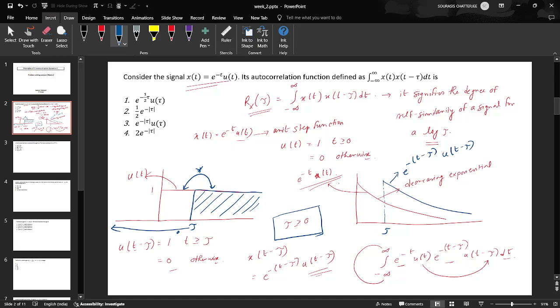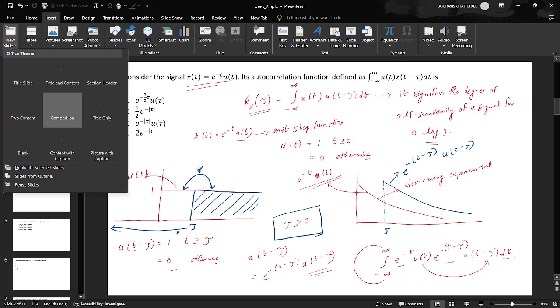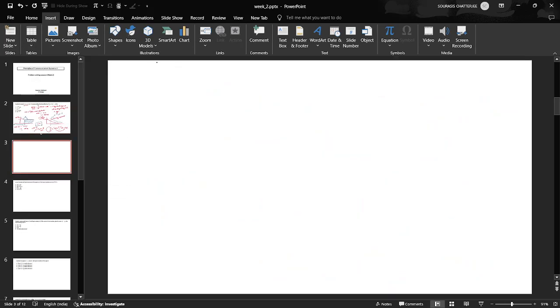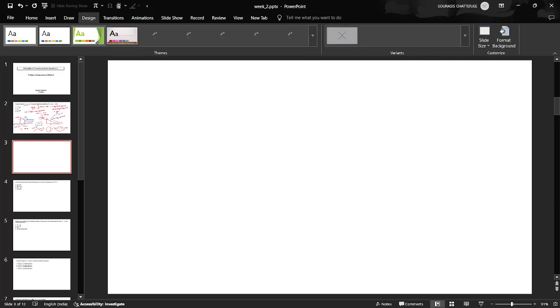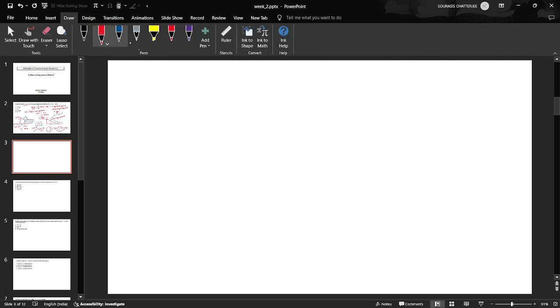So let me introduce a slide here. So we have this integral, minus infinity to infinity, e to the power minus t u(t) e to the power minus (t minus tau) u(t minus tau) dt.